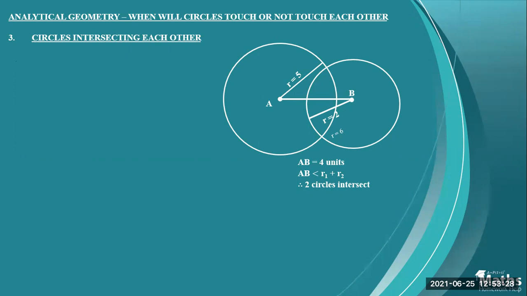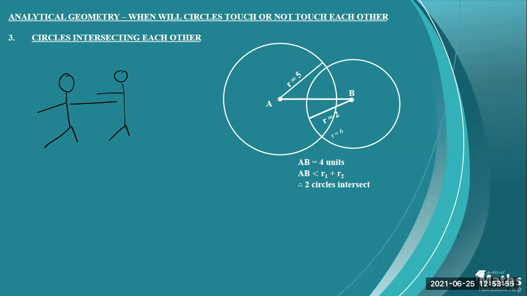The last type of scenario, there's only 3 of them, will be when the two circles are actually going to intersect each other. So let's look at this with the two human beings. This is what I like to compare with two people hugging each other, with their arms all over and around each other.